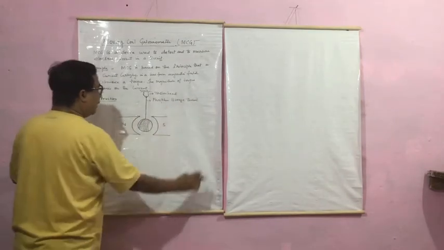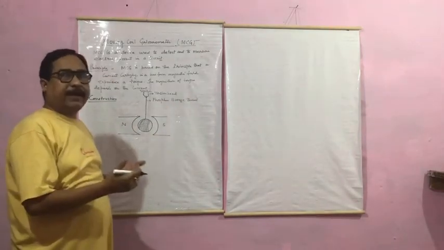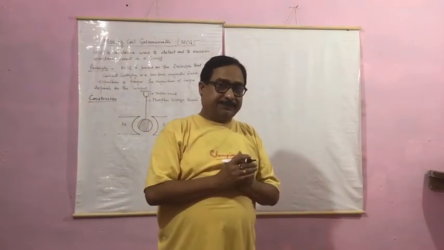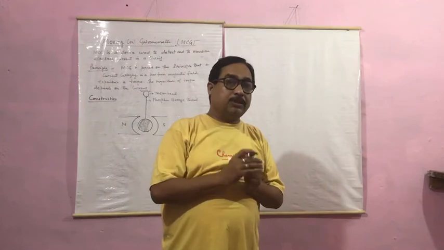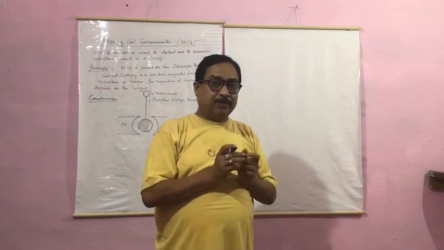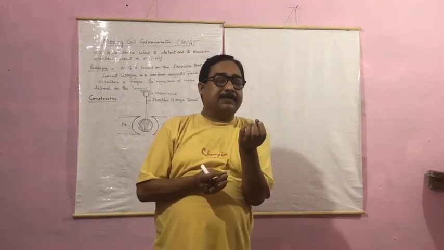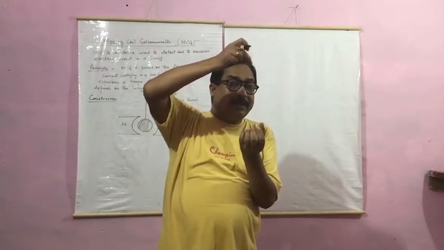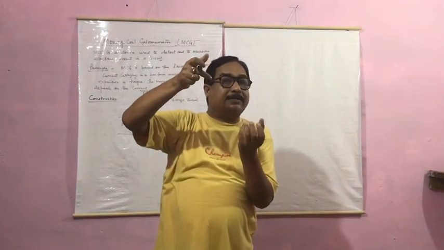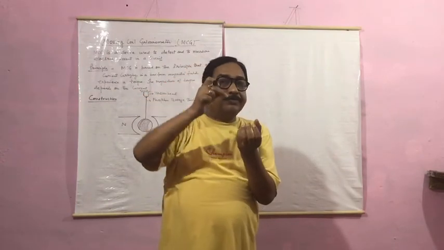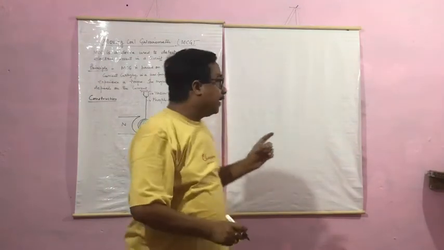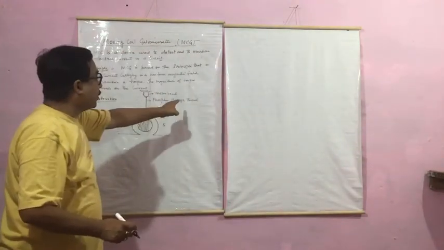The speciality behind this phosphor bronze thread is it is almost twist free. So there is no twist in that thread. So when you suspend a coil, it remains like this. If you are using a thread with some twist, then because of the twist the coil turns. So to avoid that turn because of the twist, we have used this phosphor bronze thread.